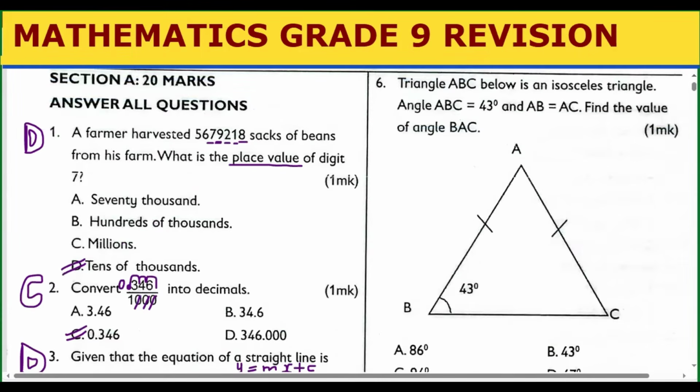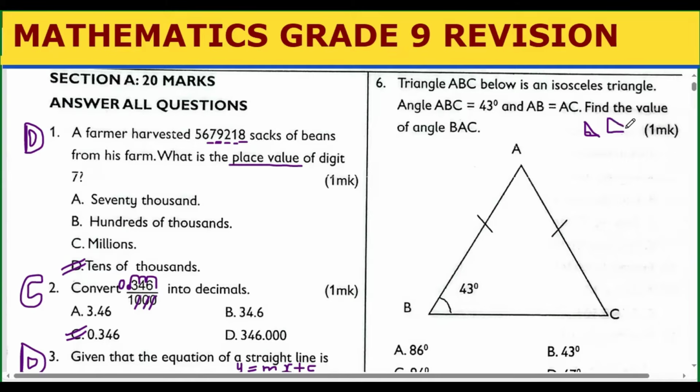Number 6 says, triangle ABC below is an isosceles triangle. Do you remember isosceles triangle? We have 3 types of triangles. We have the right angled, where it is 90. Then we have the equilateral, where all sides are equal.